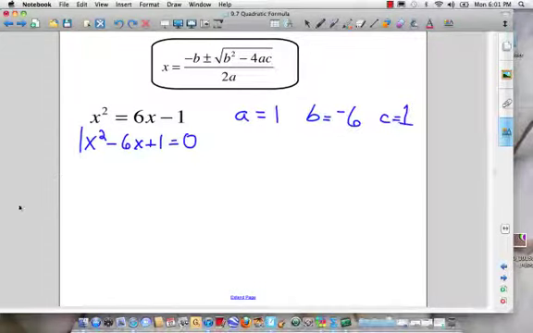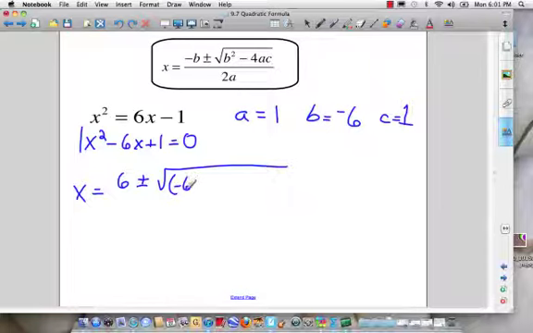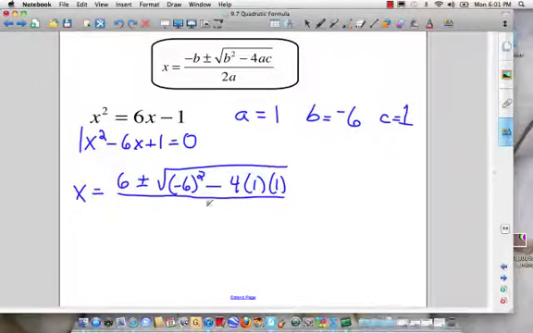So now I plug in. X is negative b. Since b is -6, negative b will be +6, plus or minus the square root of b. Remember, when you square a negative number, if you're going to use your calculator, you better put it in parentheses. B squared minus 4 times a times c all over 2a, 2 times 1.